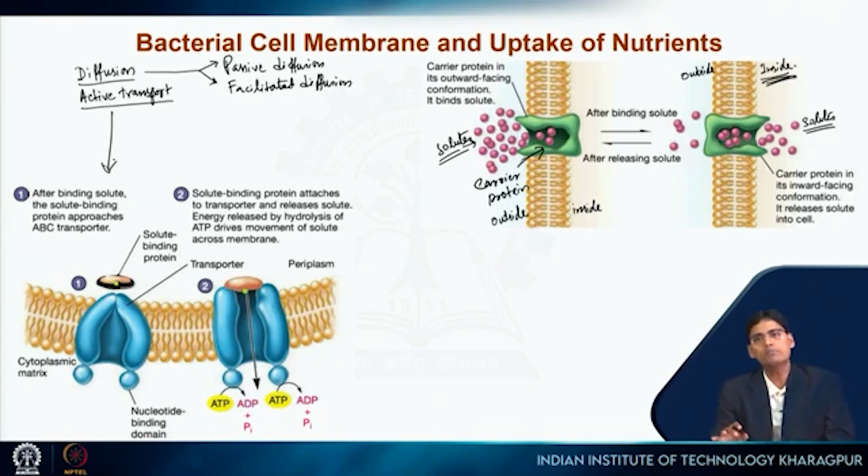This transportation phenomenon is very similar in eukaryotic systems also, right? Here, as you can see, in this plasma membrane, this is particularly an ABC transporter.